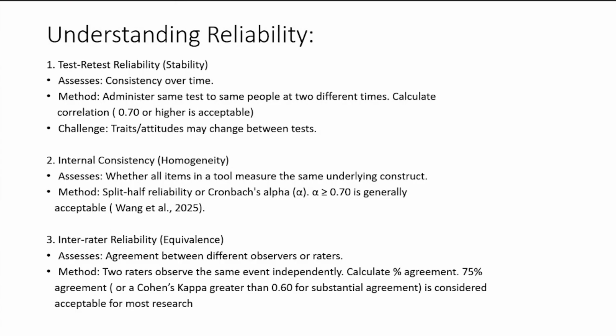We have three basic aspects that we are going to hit. The first one is test and retest reliability, which is all about stability of the instrument. Then the second is internal consistency, that is homogeneity of the instrument. And the third is inter-rater reliability, where we have equivalence.